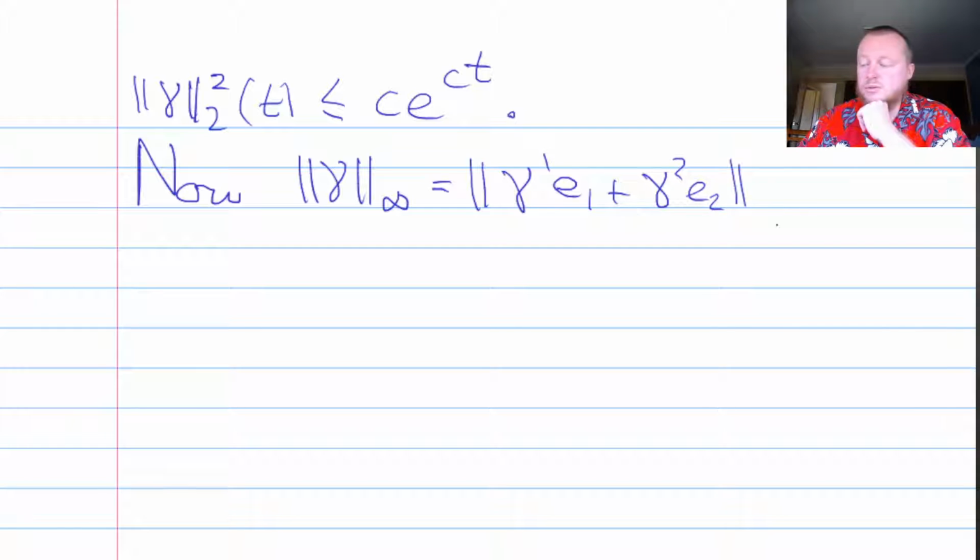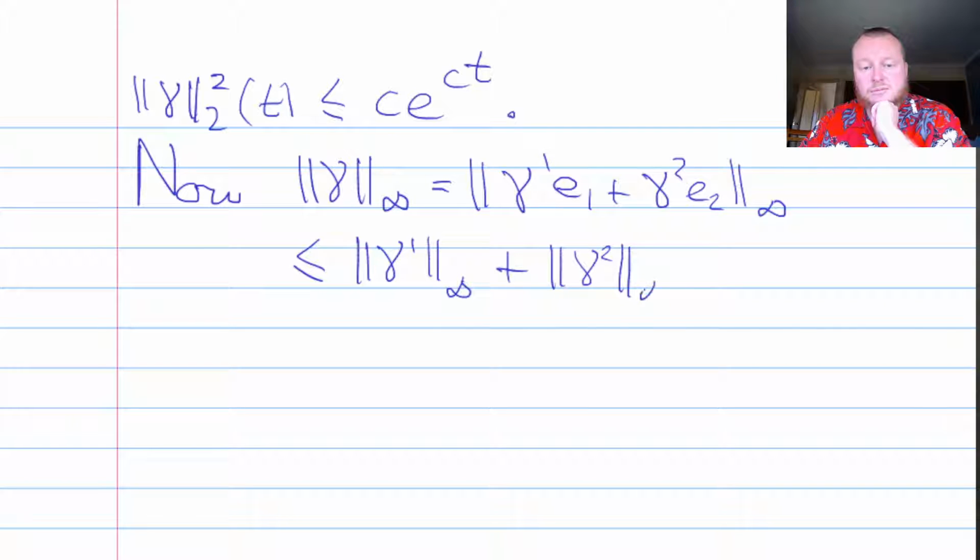And so E1 and E2 are my frame vectors, and that's just the decomposition of gamma into its coordinates, no problem. And now these are unit length, so this is certainly no bigger than the L infinity norm of this function plus the L infinity norm of this function.